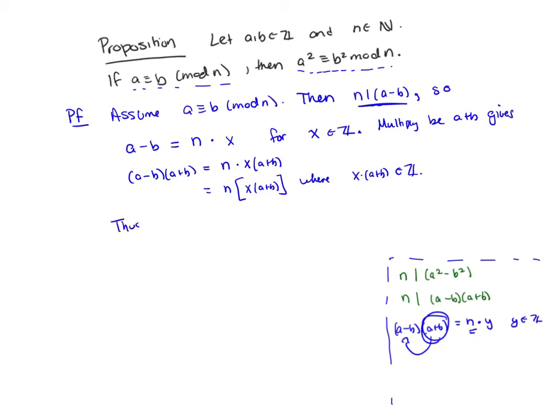Thus, since I can write a minus b times a plus b as an integer times n, n divides a minus b times a plus b. So n divides a squared minus b squared, since that's just what a minus b times a plus b is equal to. Thus, in conclusion, a squared is congruent to b squared mod n.